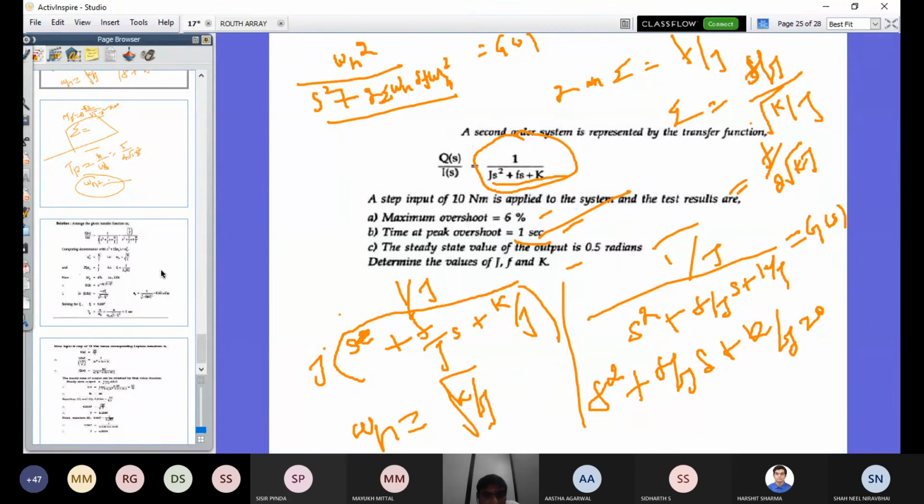A step input of 10 Nm is applied to the system and the results are: steady state value of the output is 0.5 radians. Determine the value of J, F and K. Tell me what to do now. Anyone can tell me?